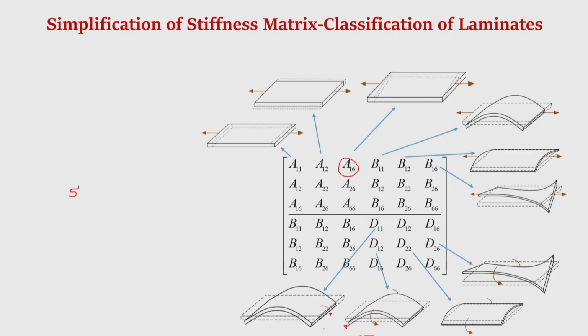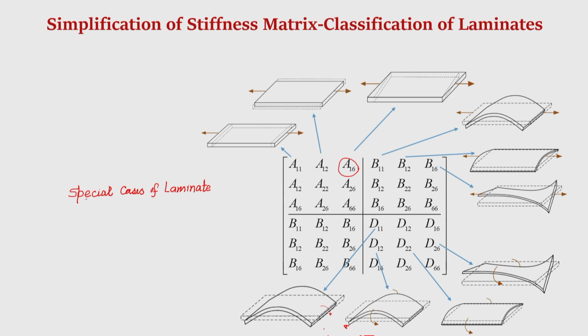So, this leads to the discussion on special cases of laminate stiffness. Today we are going to discuss some simplification of the stiffness matrix, which leads to special cases of laminate stiffness. How?